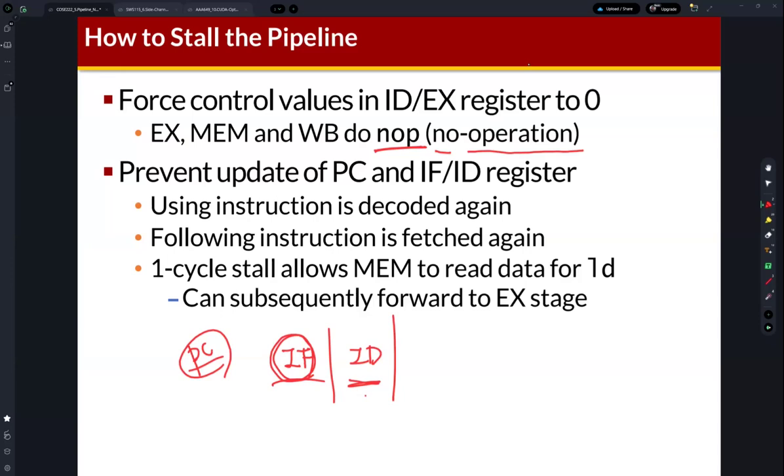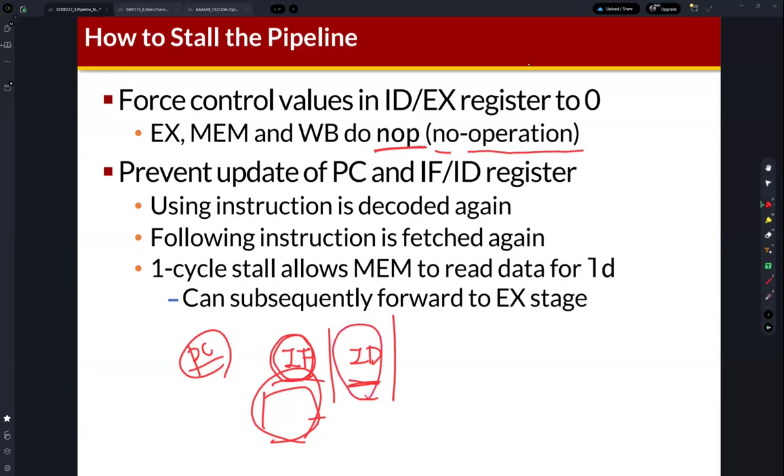But if the program counter value is not updated, then the same instruction will be fetched from the instruction fetch stage. So we can make the instruction stall in the instruction fetch stage by maintaining the PC value in the instruction fetch stage, right?